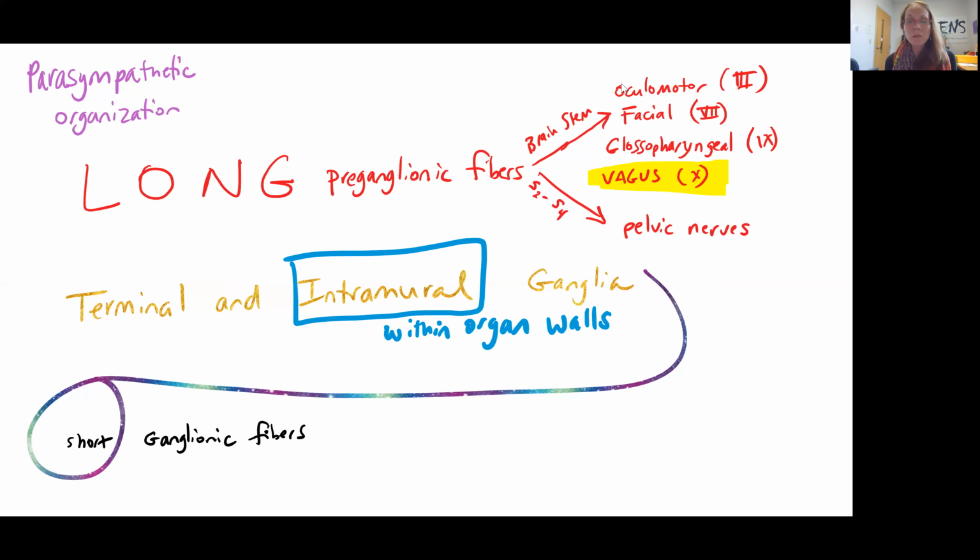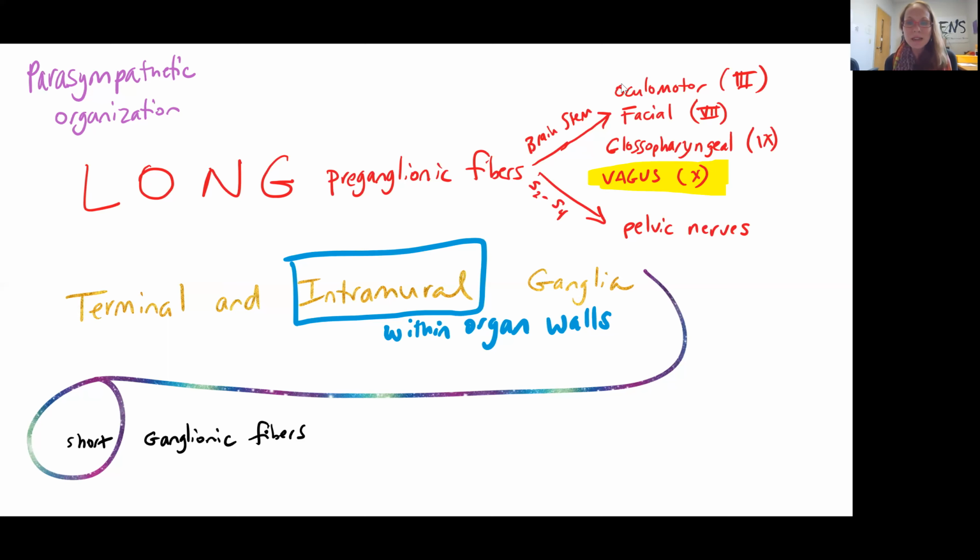And then some of those preganglionic fibers are synapsing onto ganglionic neurons that are actually embedded in the wall of those organs. And we refer to those as intramural ganglia. Now, when we talk about it being embedded in the wall of the organ, that means it's actually part of the organ wall of the heart or the stomach or small or large intestine or urinary bladder.